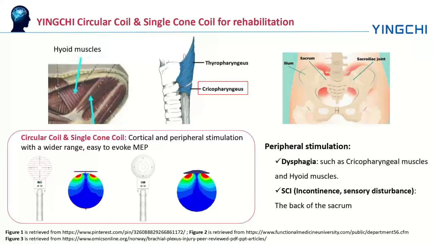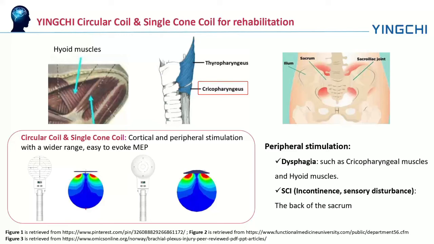And the single or circular coil used in rehabilitation can be used to stimulate the cortex to evoke the motor evoked potential, or to stimulate the peripheral area with a wider range, such as for patients suffering from dysphagia, where it can stimulate the cricopharyngeal muscles and the hyoid muscles.